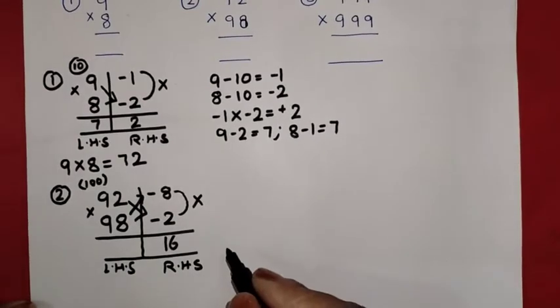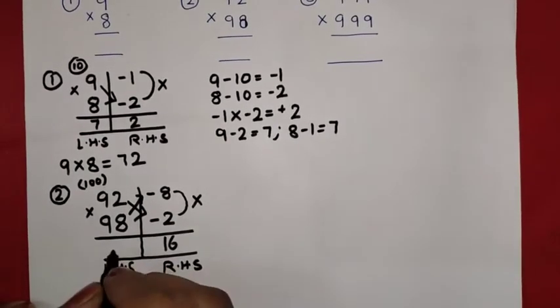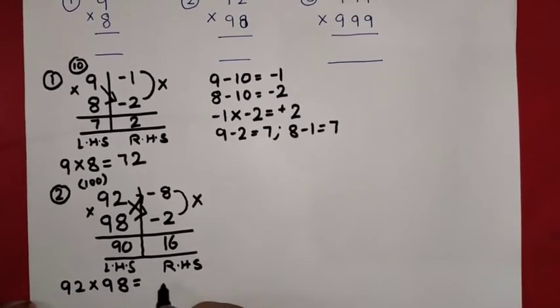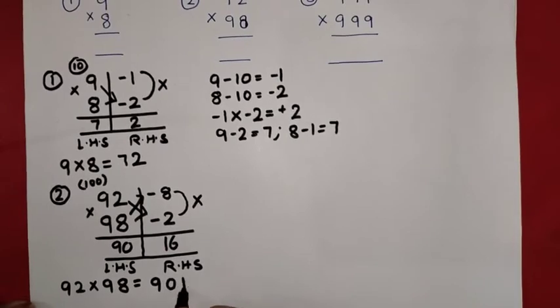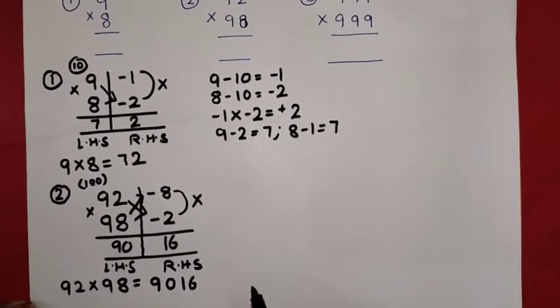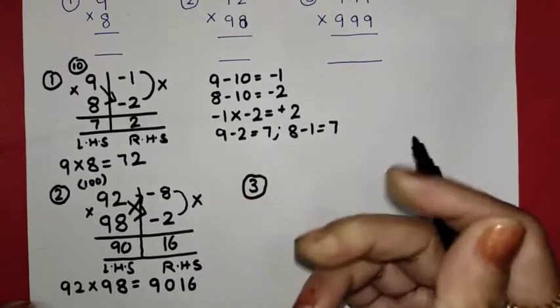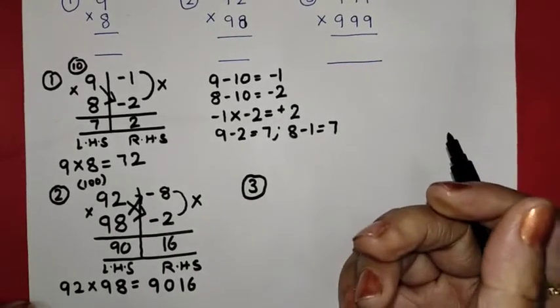Both will give you same answer, right? Now 92 minus 2 will give you 90. So the final answer for 92 multiplied by 98 comes out to be 9016. Right? See how easy it is. Such a big question and you have done it in just 3 to 4 seconds of time.